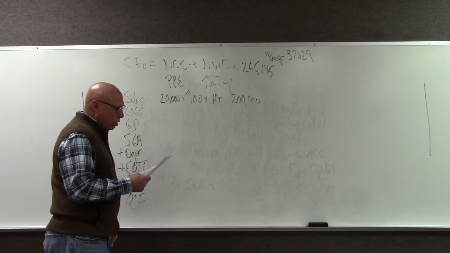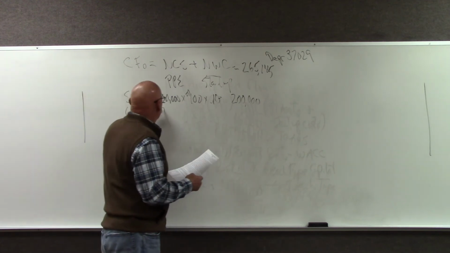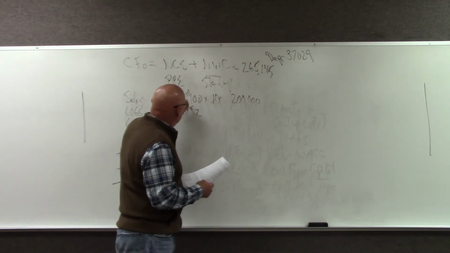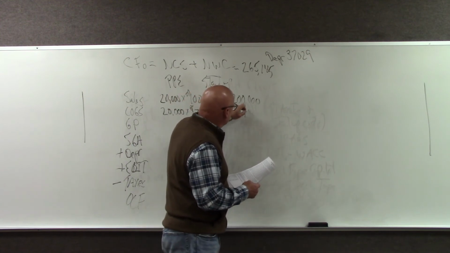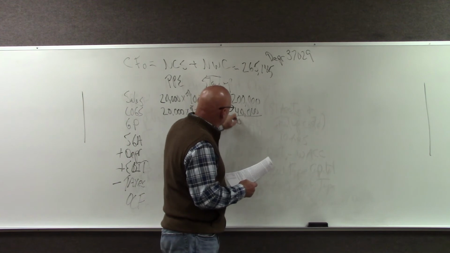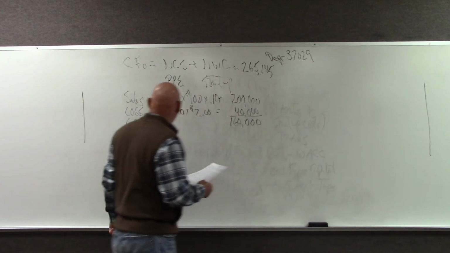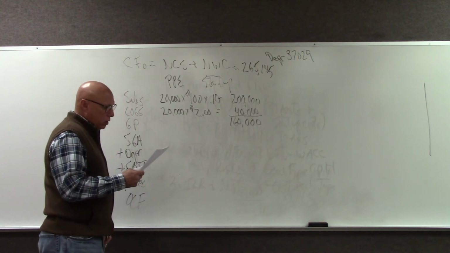We are told that the cost of goods sold is an internet charge of $2 per table. 20,000 tables times $2 per table is $40,000. Our gross profit is $200,000 minus $40,000, $160,000.